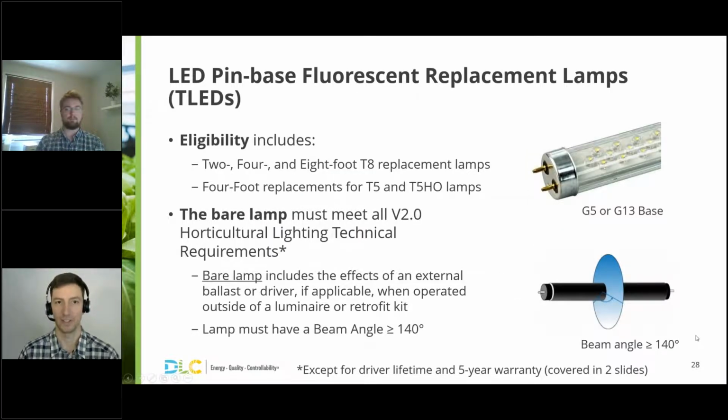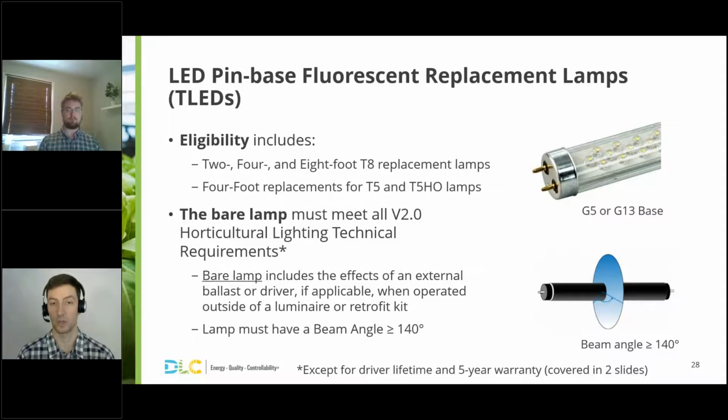All right, now that we're on the same page about the product types and what we're talking about, let's get into more detail about the TLEDs. If you're familiar with the DLC solid state lighting or SSL program for the commercial non-horticulture lamps and luminaires, the eligibility rules for these products are really pretty similar between the two programs, between SSL and horticulture.